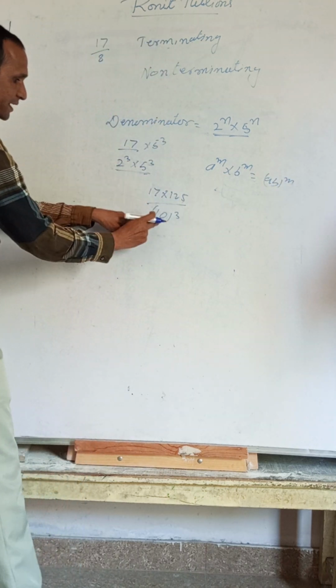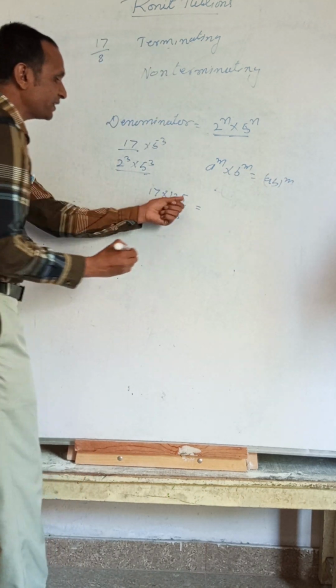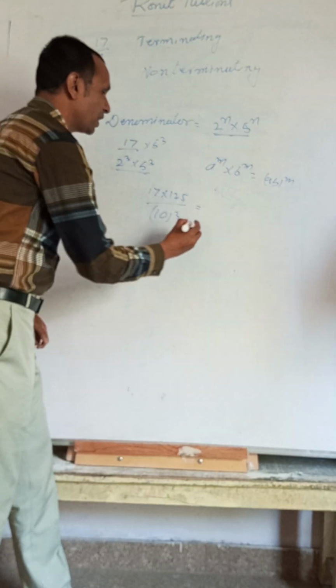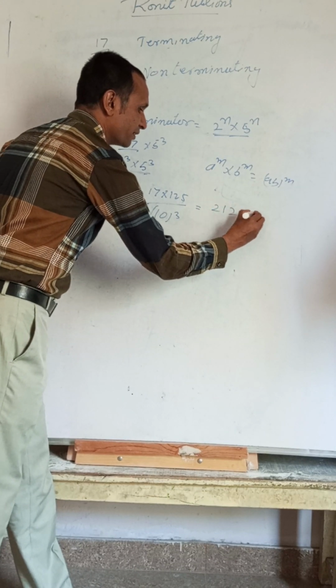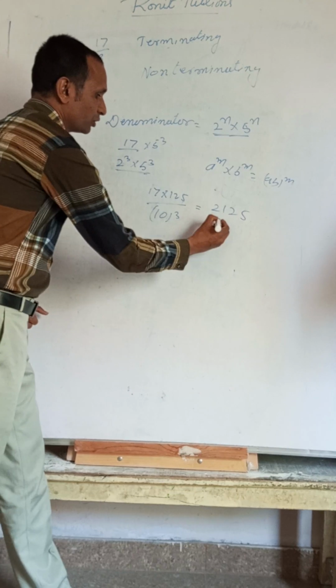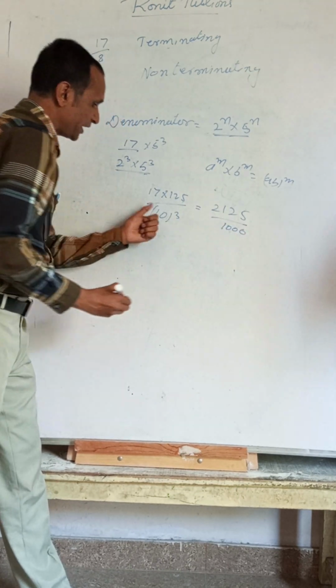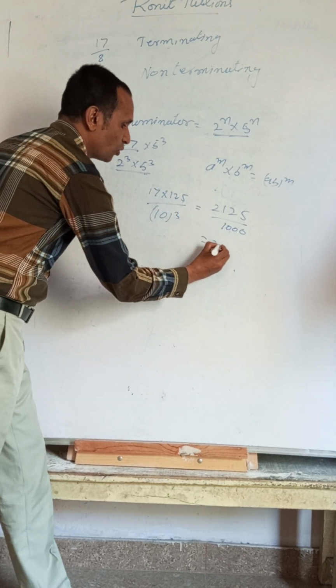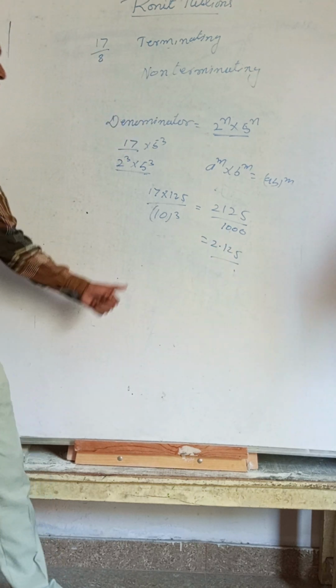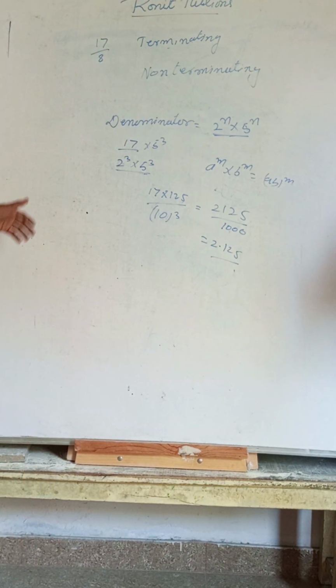So 5 cubed into 2 cubed is 10 to the power 3. If you multiply, this number will come to 125, divided by 1000, because 10 to the power 3 is 1000. That gives 2.125. Like this also we can find that it is a terminating number.